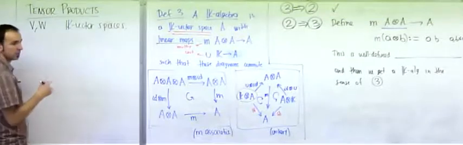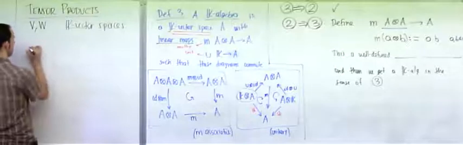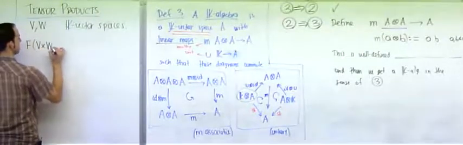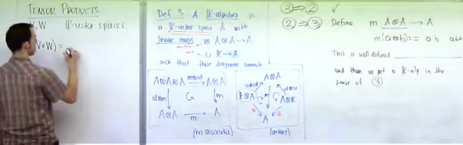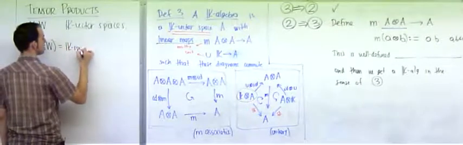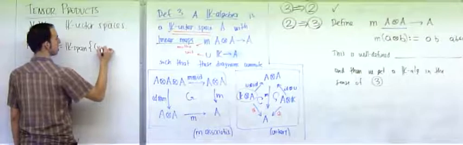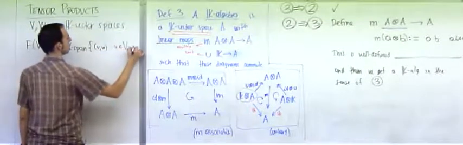Now we define the tensor product as follows. First of all, we define what's called the free vector space generated by these things. Okay, so this is K span of everything of the form (V, W), where V is in V, and W is in W.